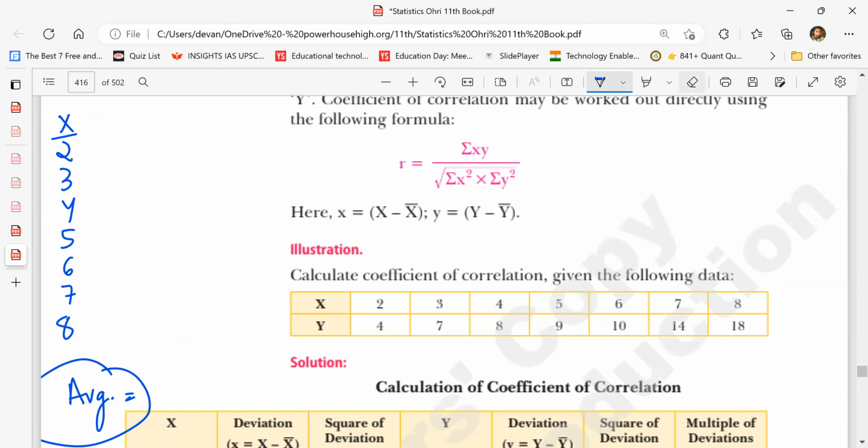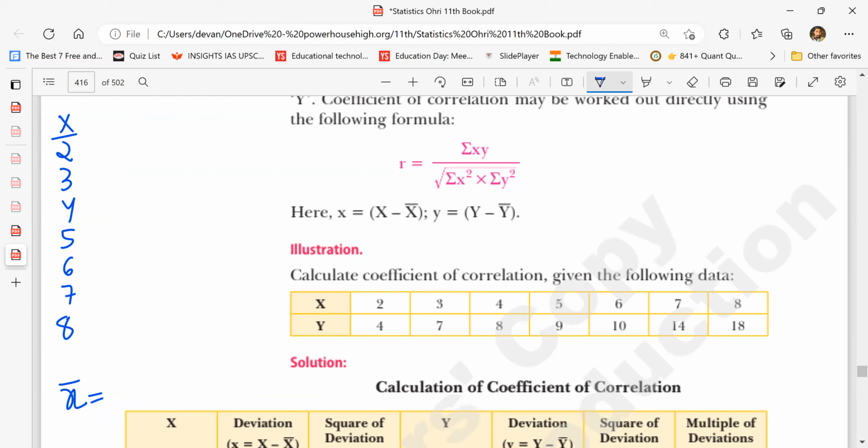How will you calculate average? Forget average, how will you calculate mean? Summation FM by F. Revision is needed, Raghav.